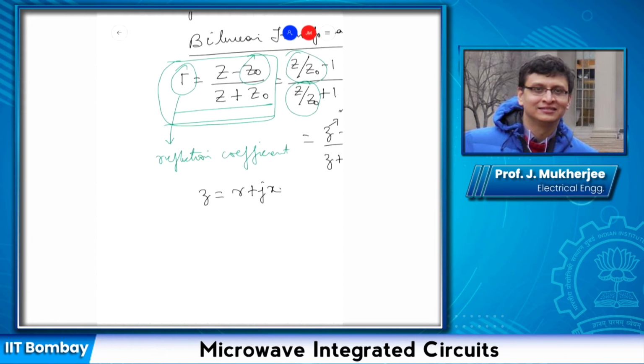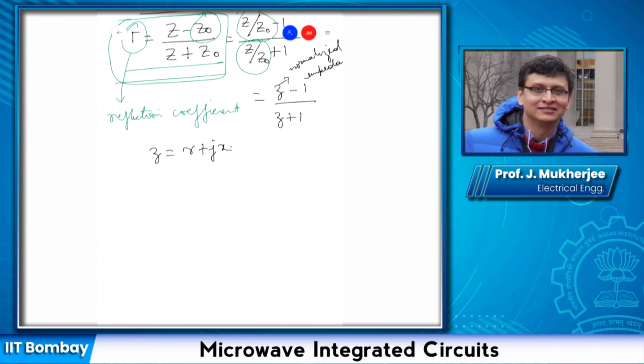So how does this transformation work then? Suppose we plot a series of lines like this in the Z plane.